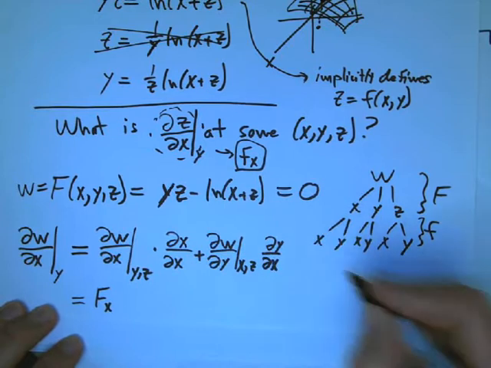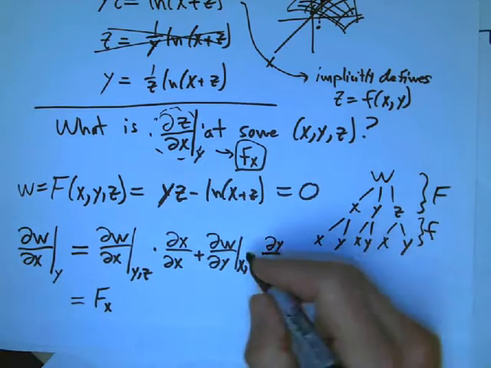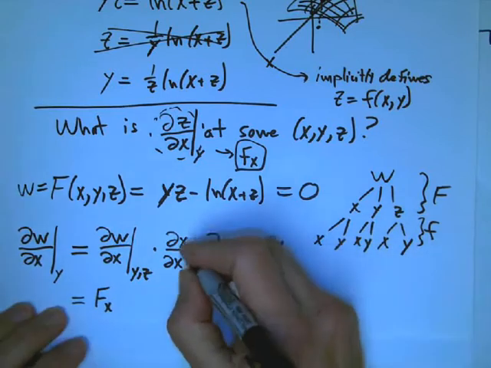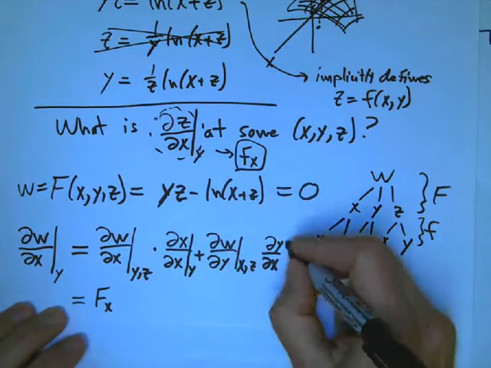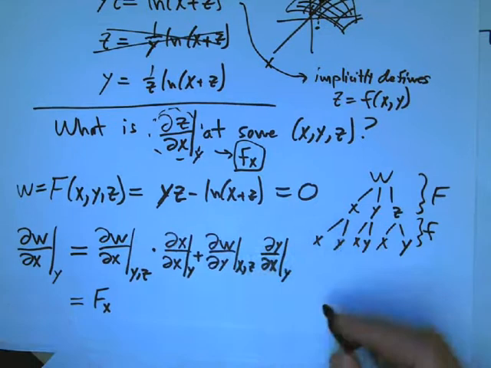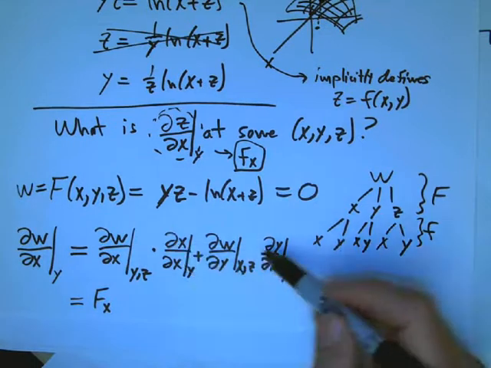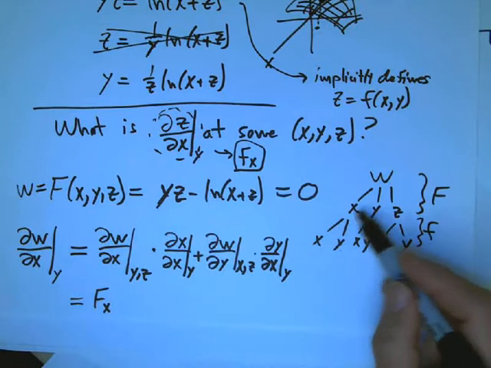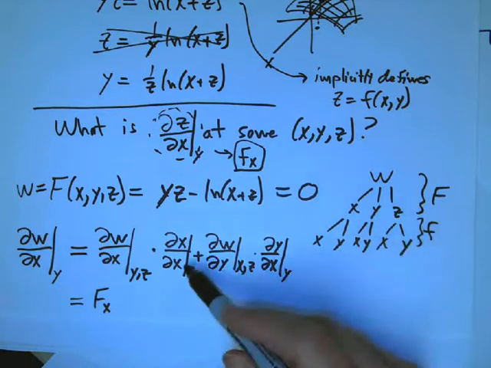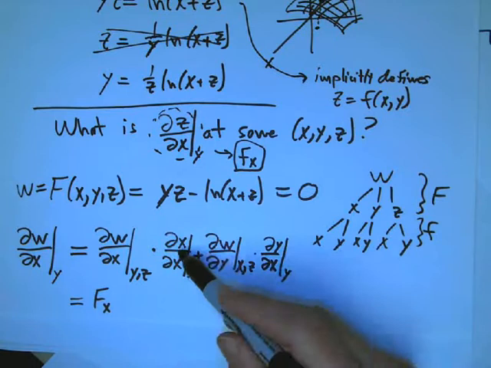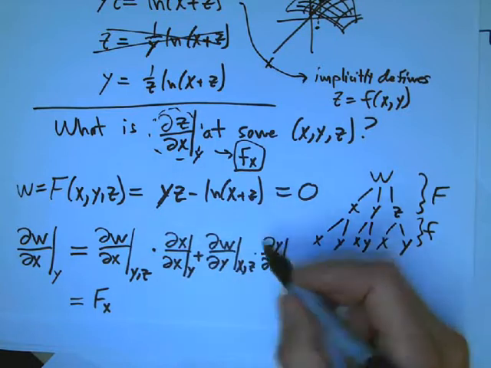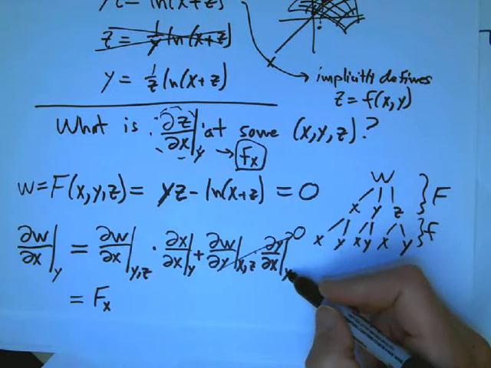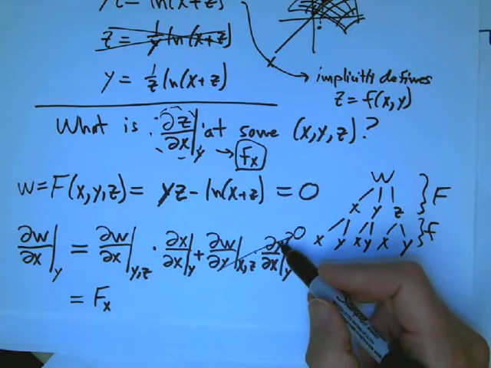This is with y held constant, and this is with y held constant. Because the second factor in each product is about how x, y, and z depend on just x and y. The z is not one of the independent variables in this case. That's just going to be 1. This guy is going to be 0. Because if I'm definitely holding y constant, and I'm asking how much y varies, it's going to be 0.